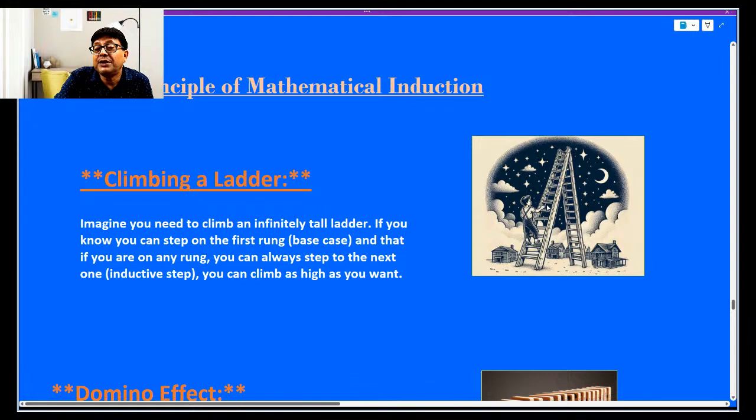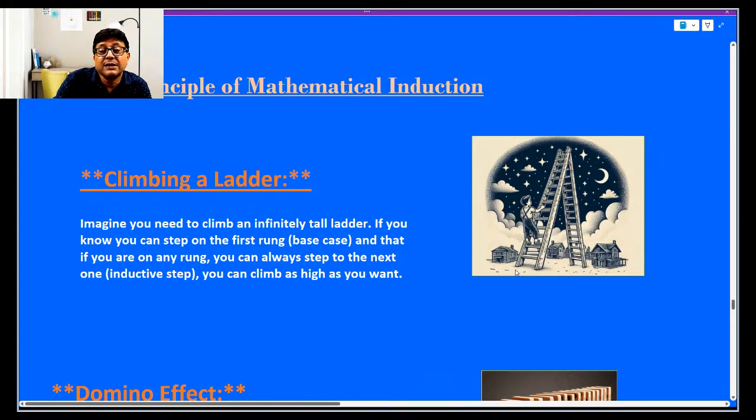When you are situated in any one of the steps, and I can see that you are able to go to the next step, then I can assume that you can climb as high as you want. So you are showing confidence over there in the diagram, isn't it? So you can climb as high as possible there.